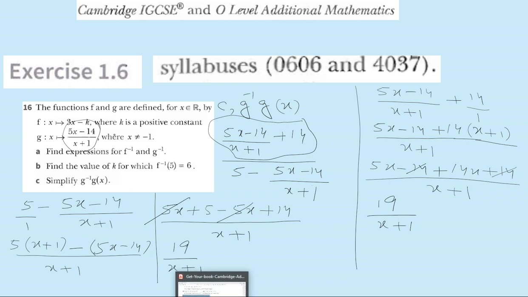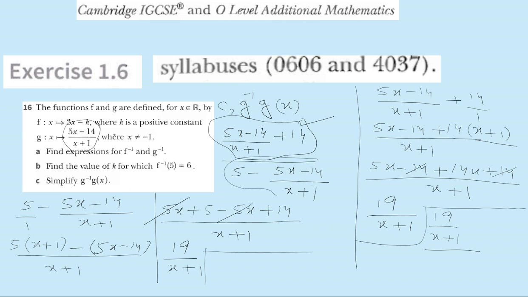Now come to the conclusion. Final answer. Okay, I am writing the final answer over here. So the simplification of this is 19 upon x plus 1, and the simplification of the other is again 19 upon x plus 1.